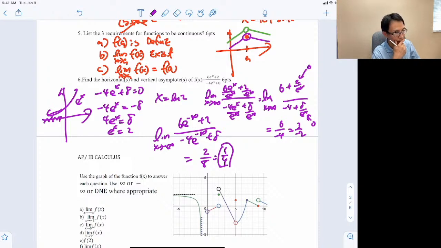So how did you know you had to do the other one? Well, the reason is, if you divide by e to the x on the denominator, that says 6 plus 2 over e to the x. Now, if I reach negative infinity, then it's going to be 2e to the negative infinity, so that's not going to work out.